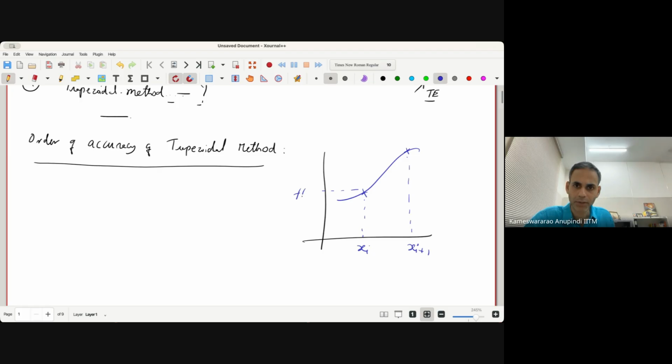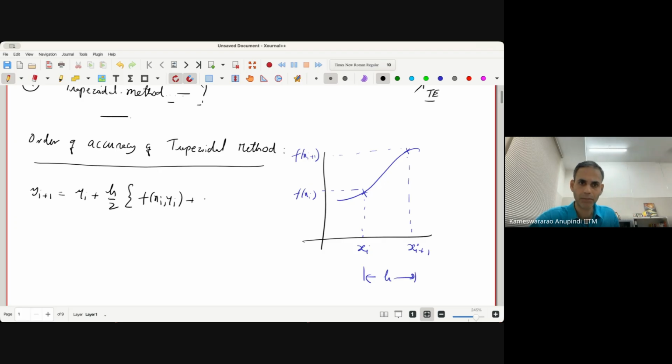We have the functional values f of x_i and f of x_{i+1}, and x_{i+1} minus x_i are separated by a value of h. The formula was y_{i+1} equals y_i plus h by 2 times f of x_i, y_i plus f of x_{i+1}, y_{i+1}.